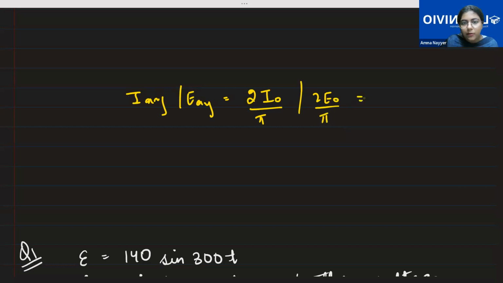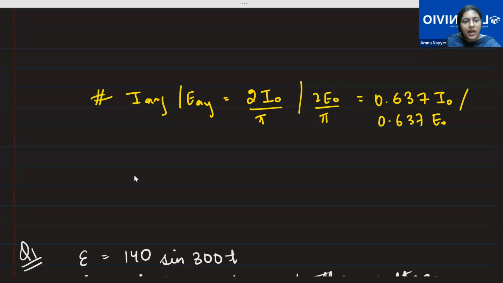This also should be remembered by you. This is 0.636, around 0.637, you can round it off. So 0.637 I naught or 0.637 E naught. If you remember this data, your calculations will be easier.